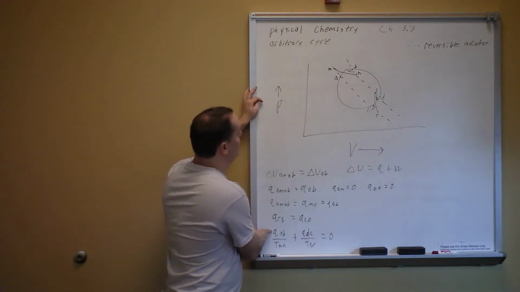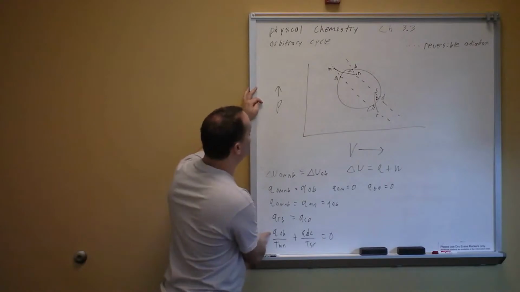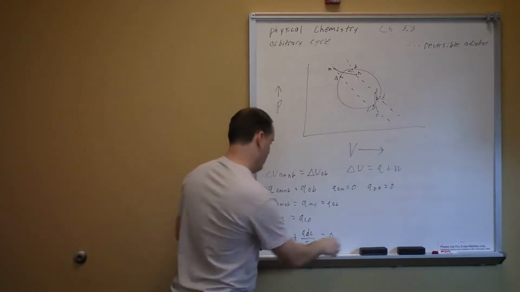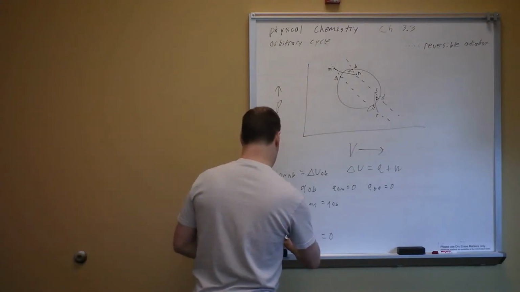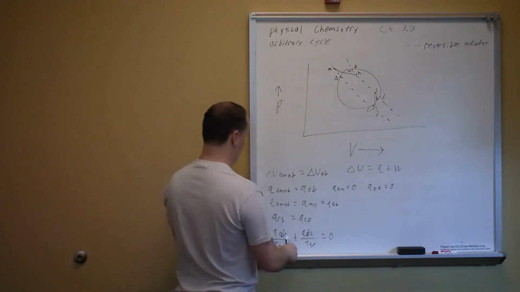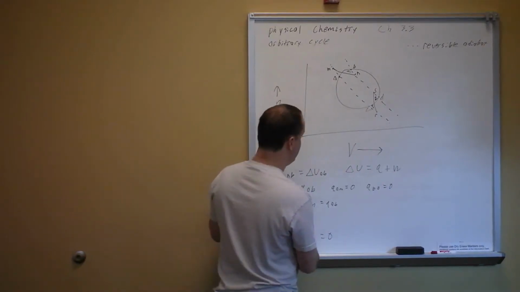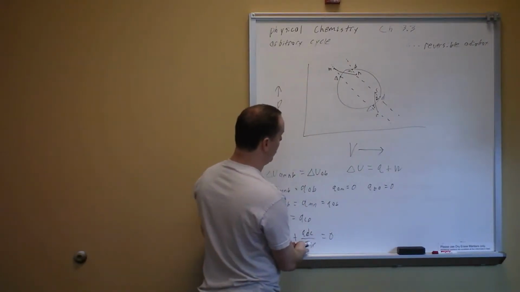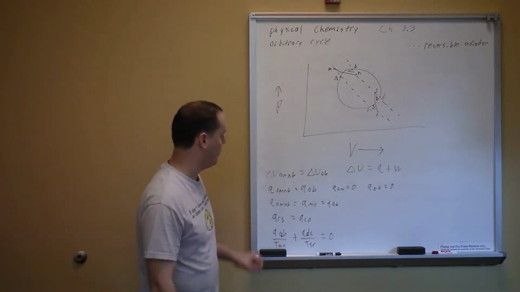So we're going to end up with Q_AB over the temperature MN plus Q_DC over the temperature SR is going to be equal to 0. Again, that's because this is a state function.